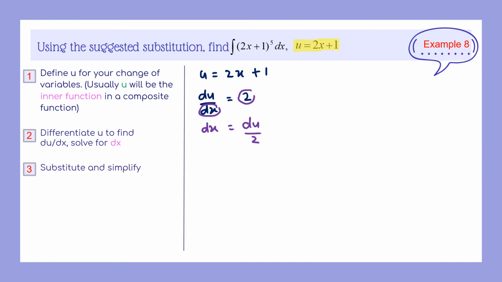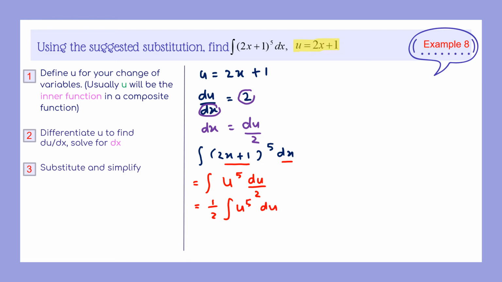We substitute into integrate (2x+1)^5 dx. Jadi kita substitute 2x plus 1 as u and dx as du over 2. So we get integrate u^5 du over 2. We simplify this one, we bring out 1 over 2, integrate u^5 du.